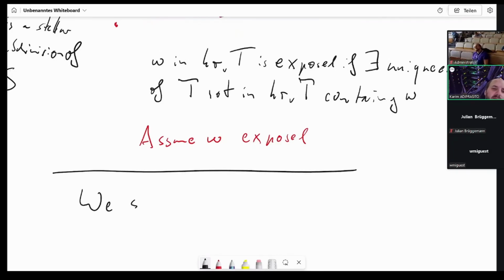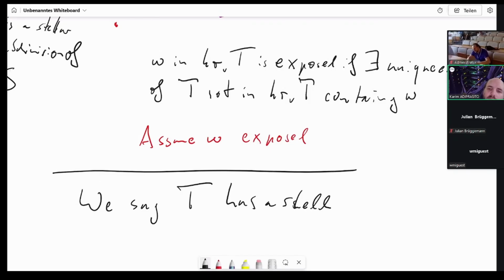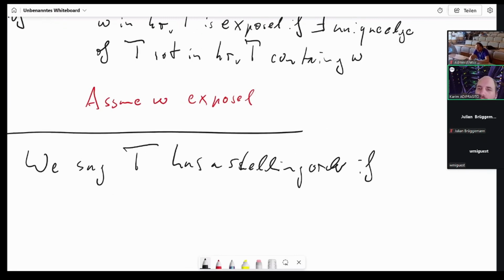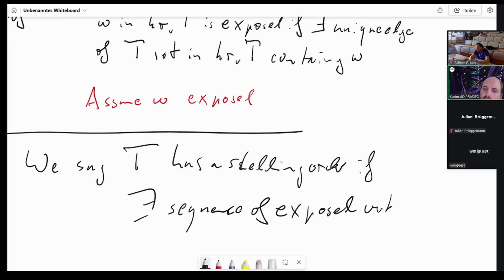So we say T has a shedding order if there exists a sequence of exposed vertices whose removal reduces T to a point.